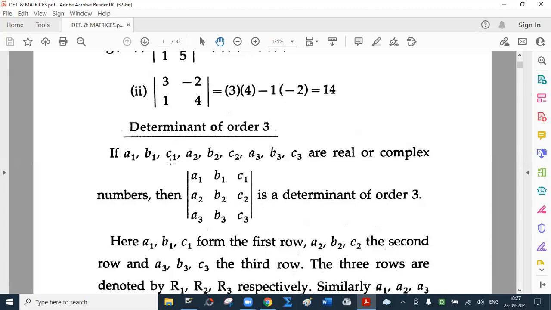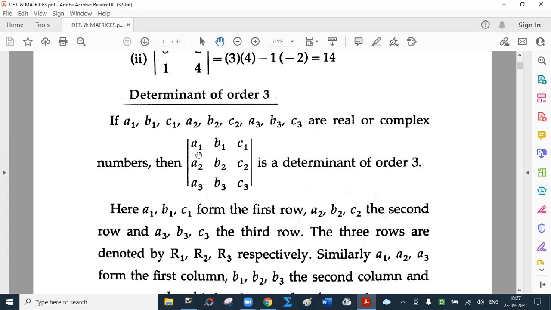Now, determinant of order 3. If A1, B1, C1, A2, B2, C2, A3, B3, C3 are real or complex numbers, then this is called a determinant of order 3. So 9 elements are arranged in 3 rows, horizontal lines are rows, and 3 columns enclosed within these vertical bars.